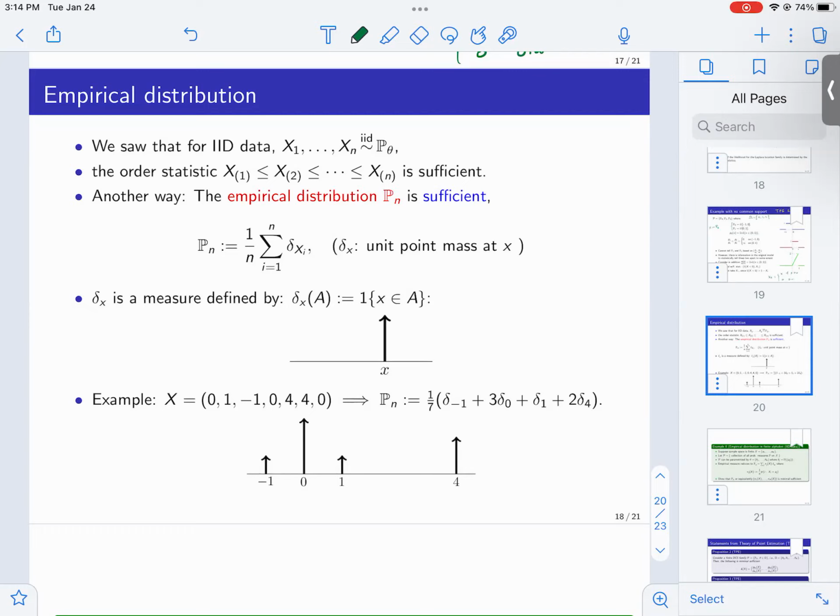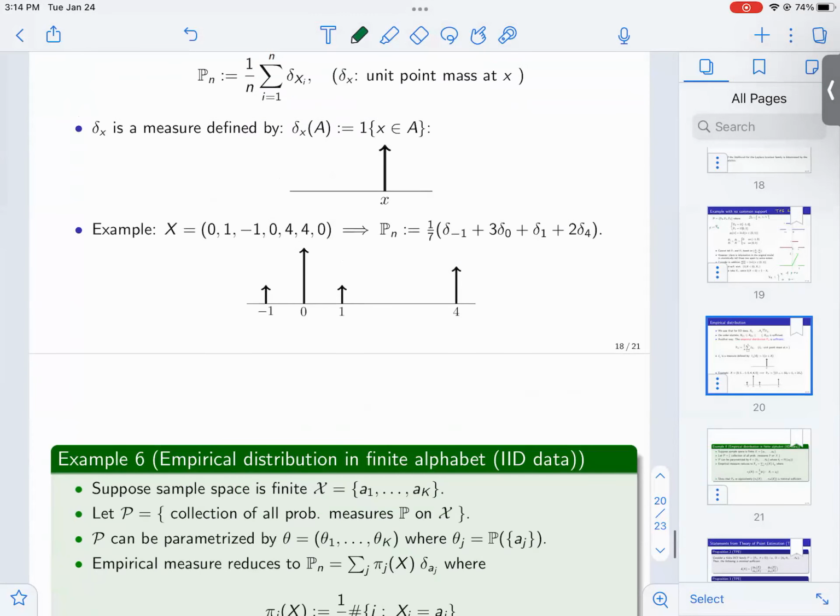Formally, it's a discrete measure that puts mass 1/n at the points where you observe data. Let's say this is my data set: 0, 1, 5.